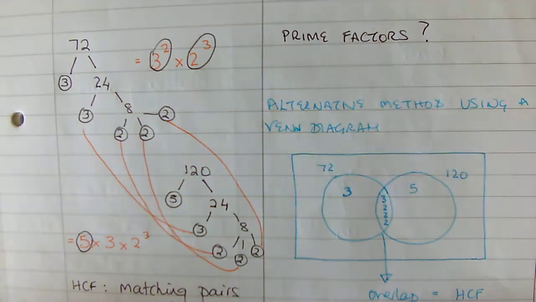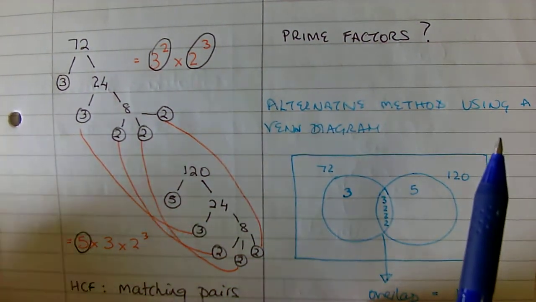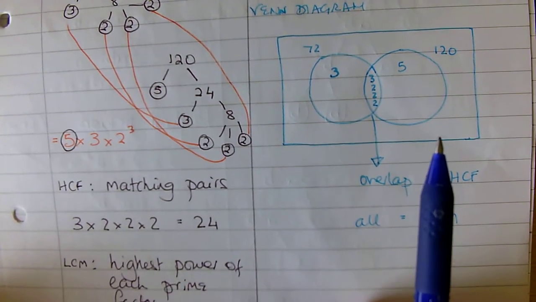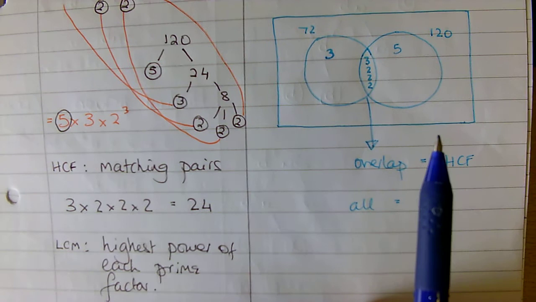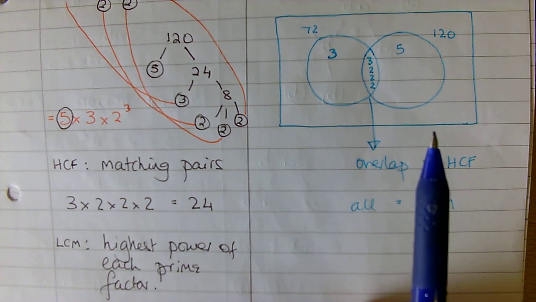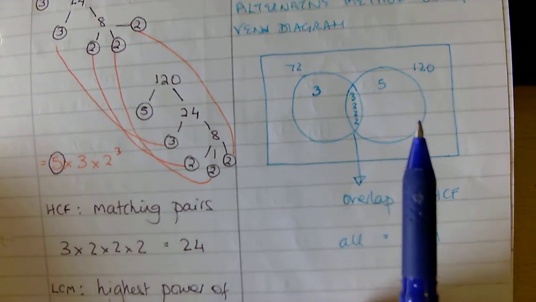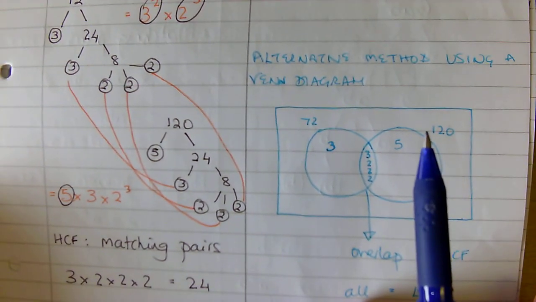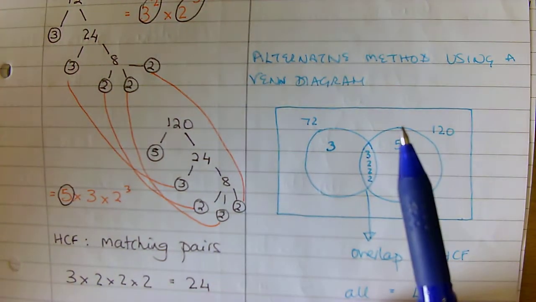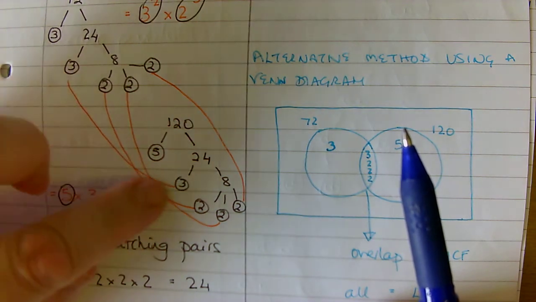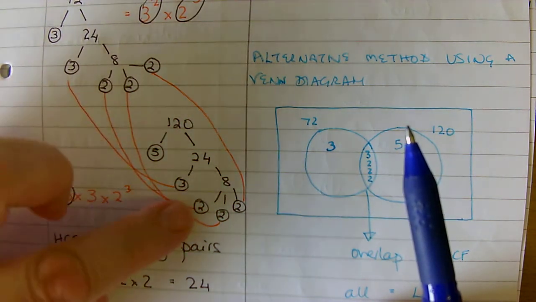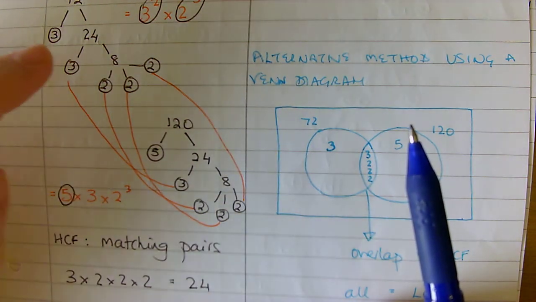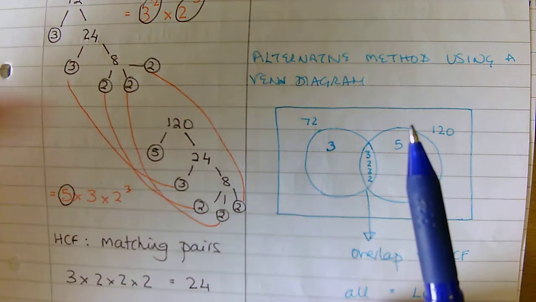Now when we're trying to find the highest common factor, what we do is we look for matching pairs. And so in this case, if we look at those orange lines, we can see that we've got a matching 3, a matching 2 and another matching 2, and the third one also.